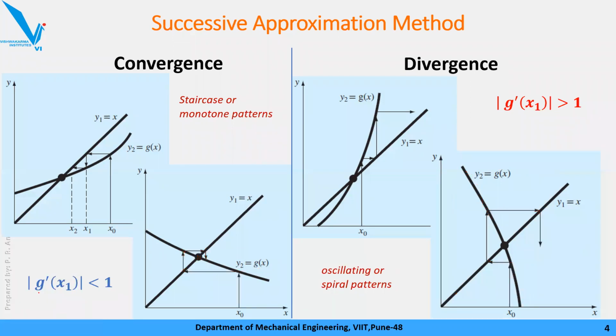Whenever this value of g dash of x, without the mod, is positive, we get the staircase. If this g dash of x value is negative, we generally get a spiral pattern.